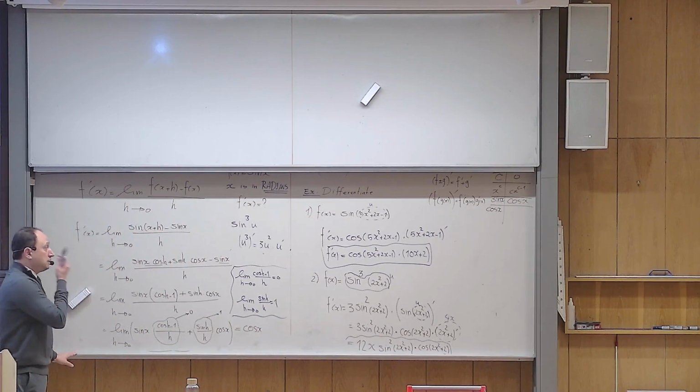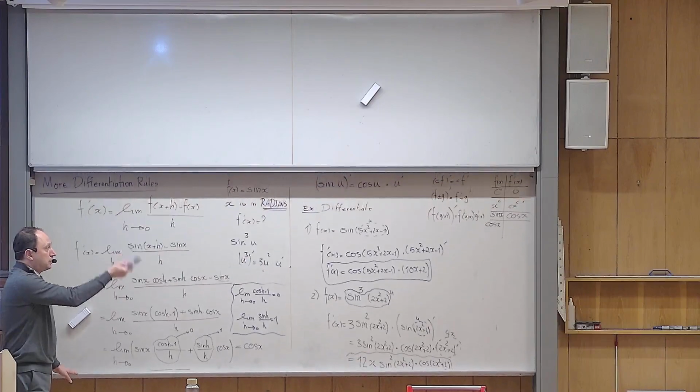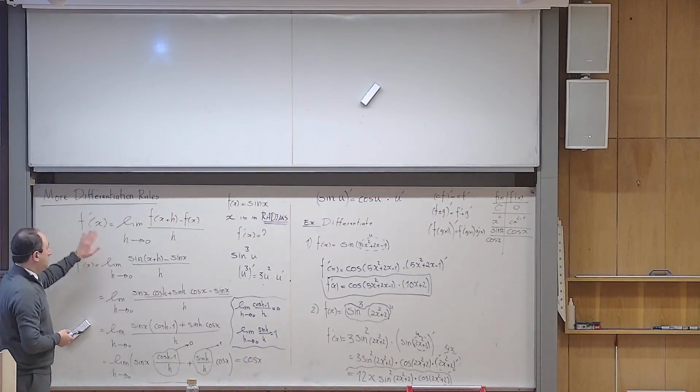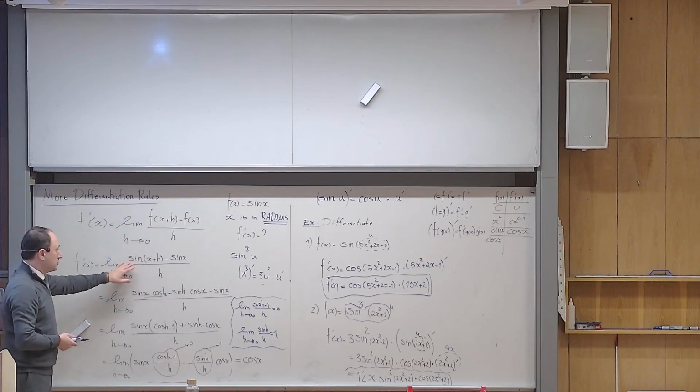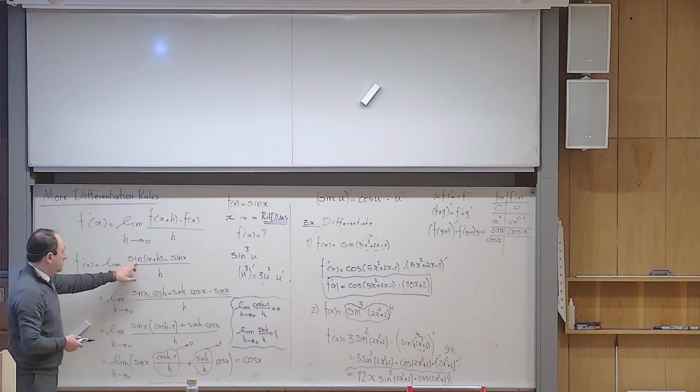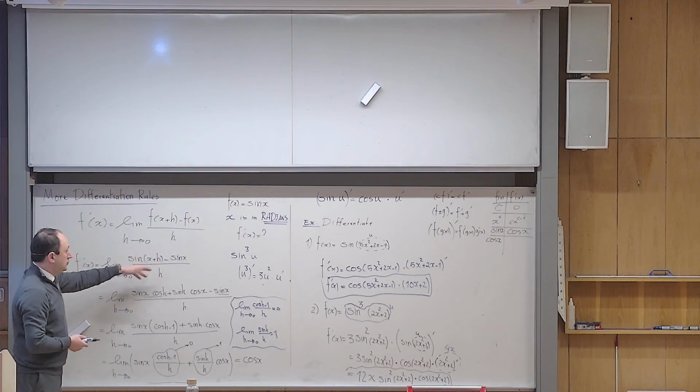Of course, if I ask you what you think I will do, you might say, okay, you will start with the same formula, but instead of sine, this time you have cosine, and then you will have cosine of x plus h, but don't worry because we also have the addition formula for cosine.